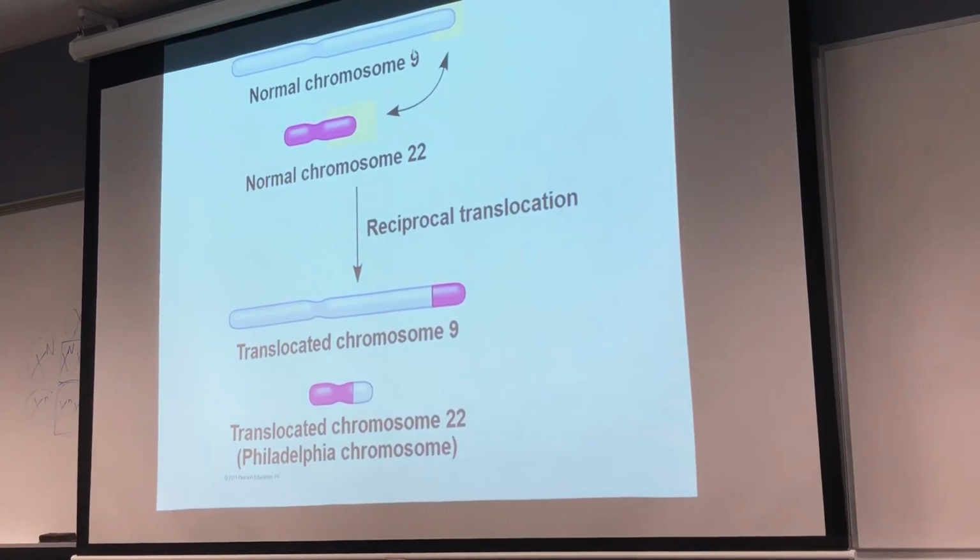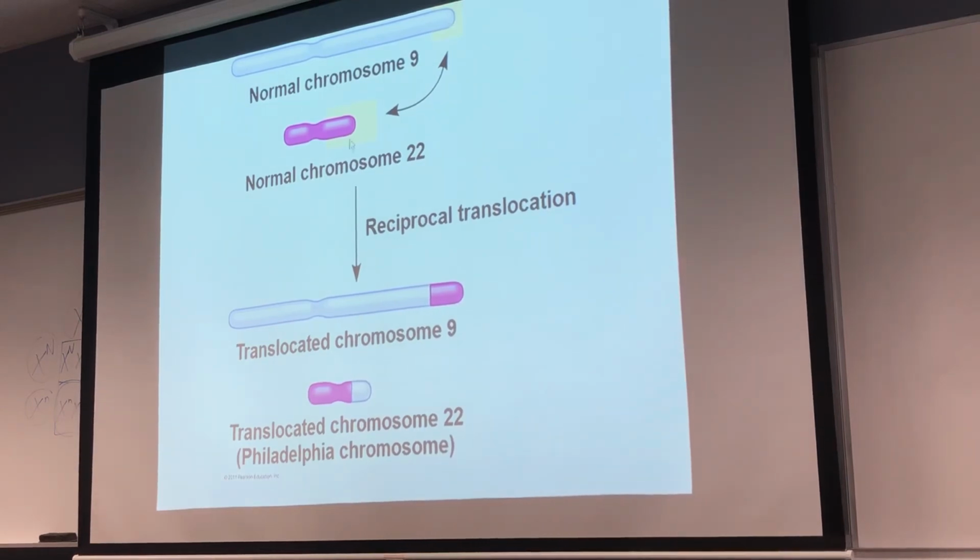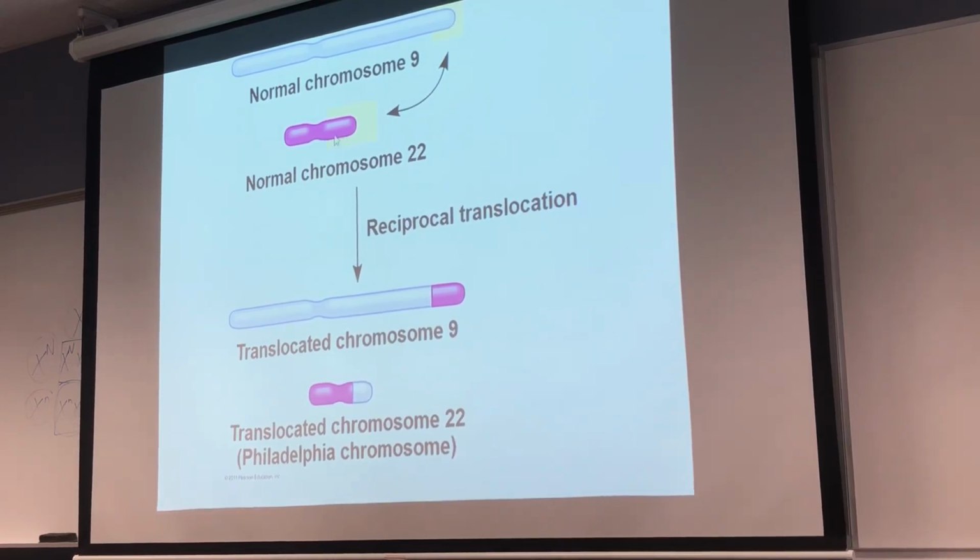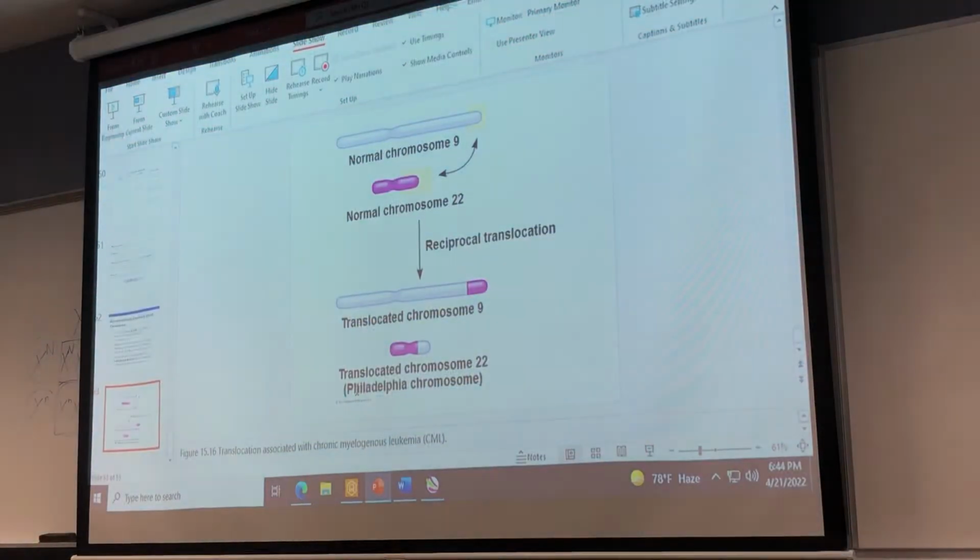This end of chromosome 9 is going to swap with chromosome 22. So now you have the piece from chromosome 22 on chromosome 9, and the piece from chromosome 9 on chromosome 22. This chromosome 22 is known as the Philadelphia chromosome because that's where it was discovered. Okay, and that's it. Any questions?